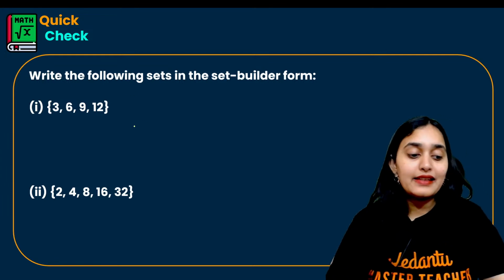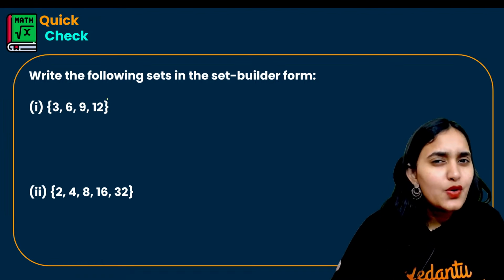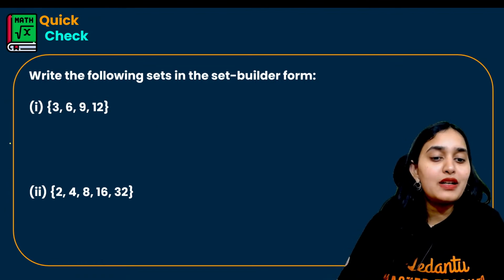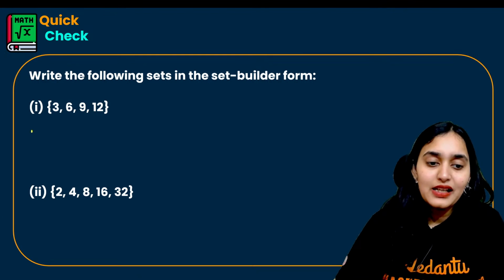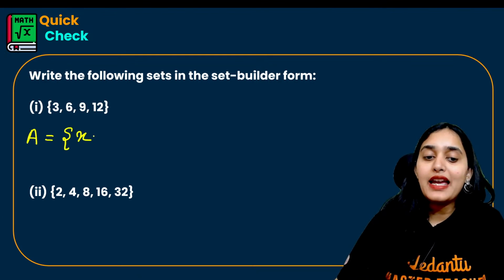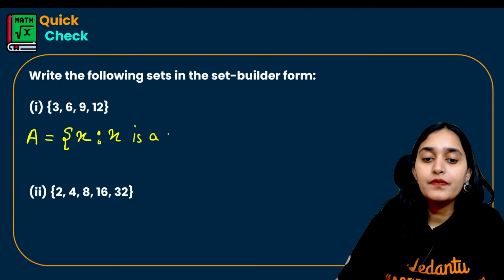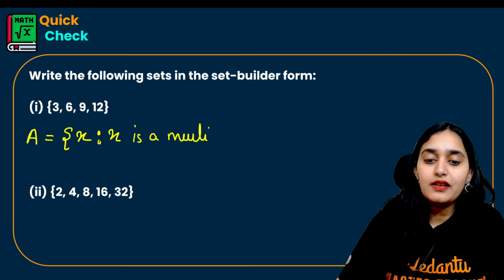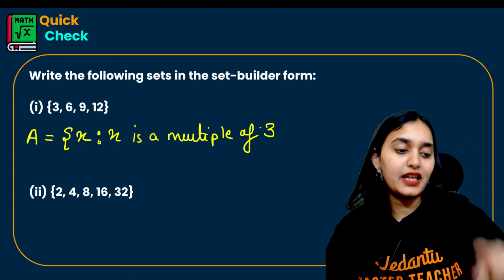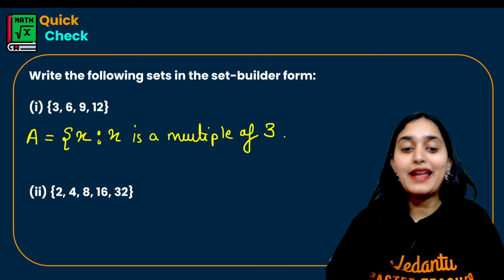Write the following sets in set builder form. 3, 6, 9, 12. Can you tell me what is the relationship between them? Very simple. So we will say let it be set A having element x such that x is a multiple of 3. 3 1s are 3, 3 2s are 6, 3 3s are 9, 3 4s are 12, right?